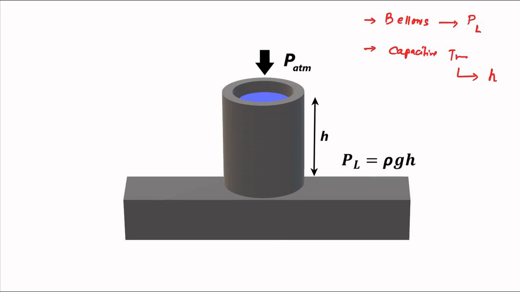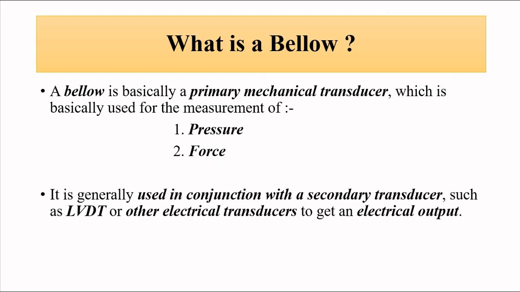Now, in a quick way, we will go through bellows and capacitive transducers, as we have discussed them separately in videos concerning only those. I have made a separate video on bellows and a separate video on the capacitive transducer. So bellows are primary mechanical transducers.